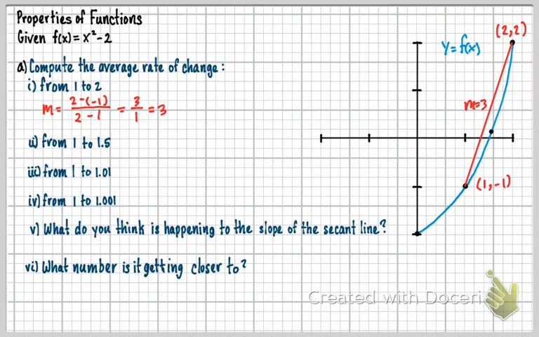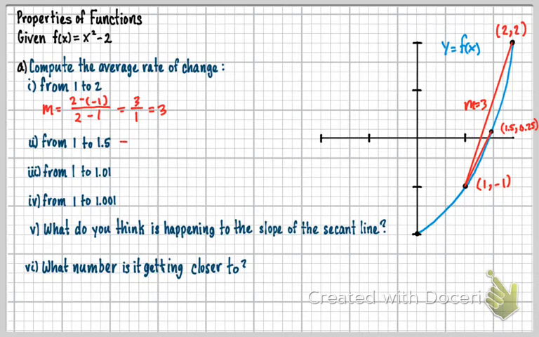Now we're going to go from 1 to 1.5. I already plotted the point here. And the value of that point is going to be (1.5, 0.25). So that's going to be that point. And I'm just going to think of another line from there to there, and I'm going to find that slope.